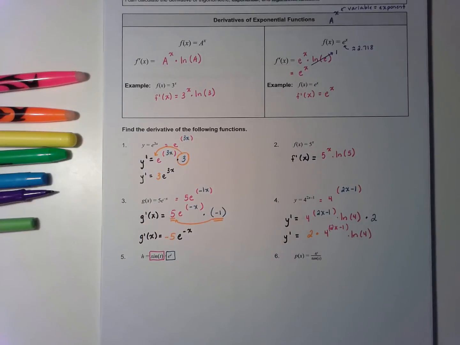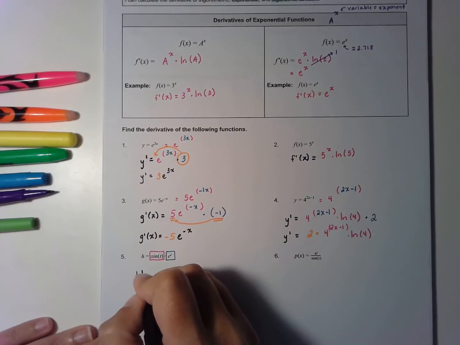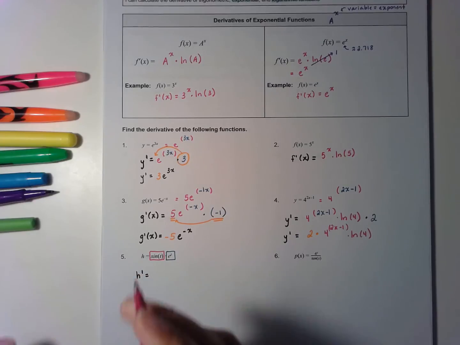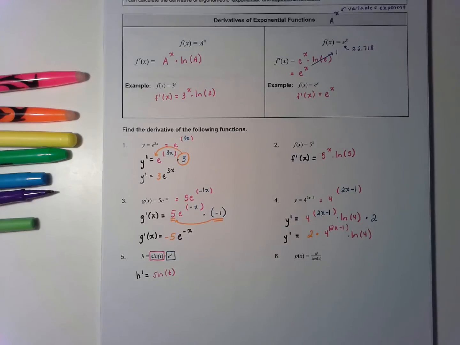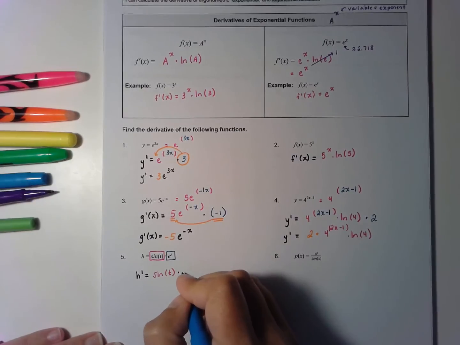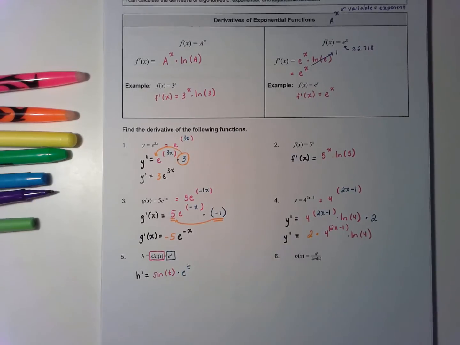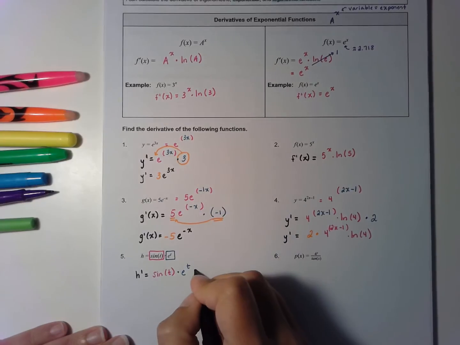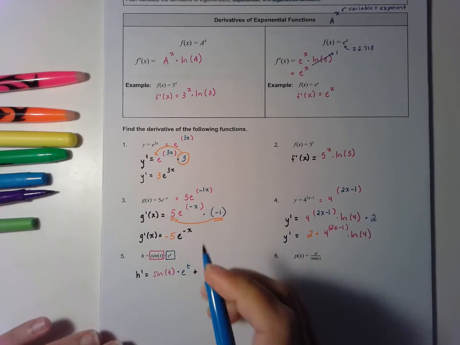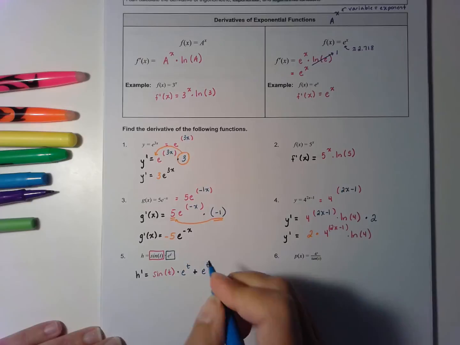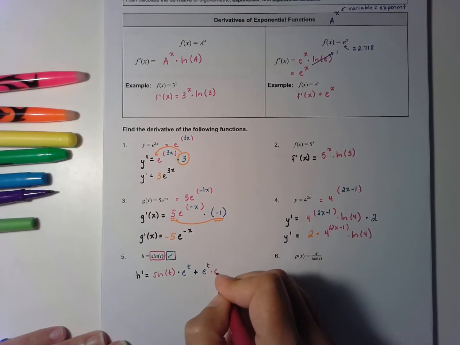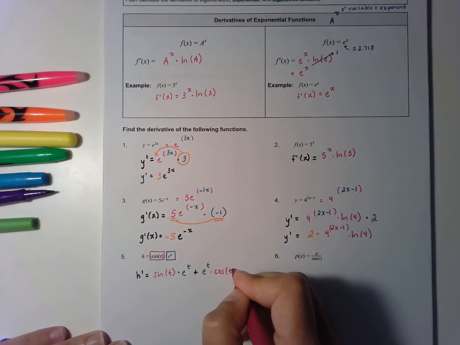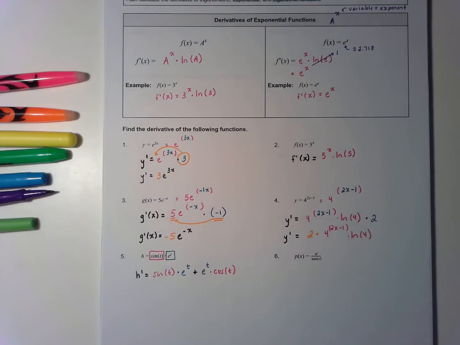So product rule says that we're going to start by copying the first, which would just give me sine, taking the derivative of the second, and the derivative of e to the something is just e to the something, plus, and then we're going to copy the second, which is just e to the t power, and then take the derivative of the first, which would just be cosine of t. And that would be your answer.